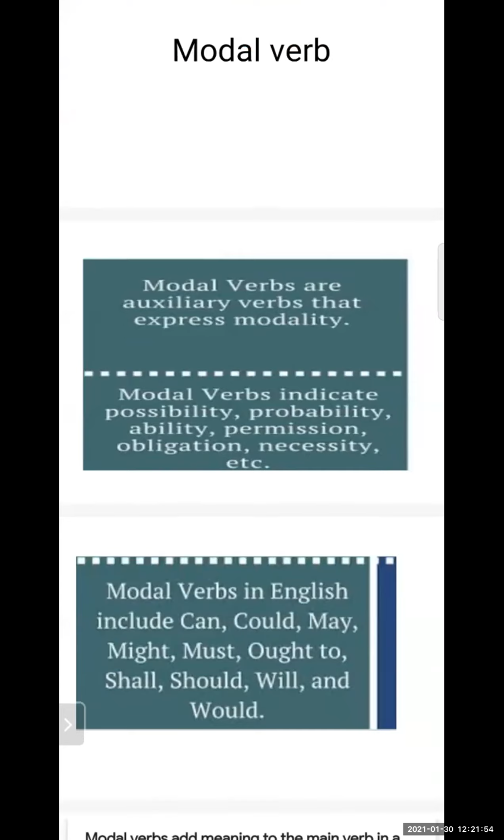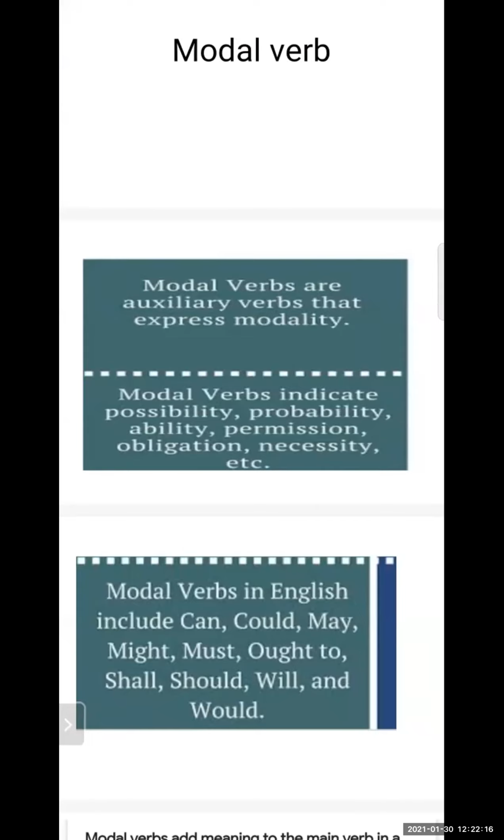With the help of these helping verbs, we present sentences which show possibility, probability, ability, permission, obligation, necessities, etc. That kind of sentence comes under the modal verb. Okay, students.